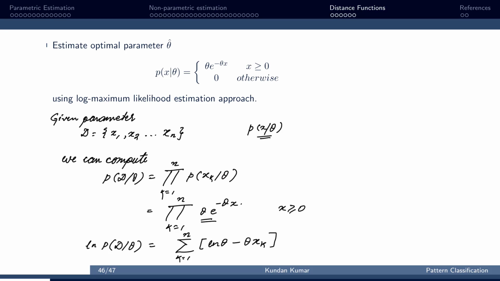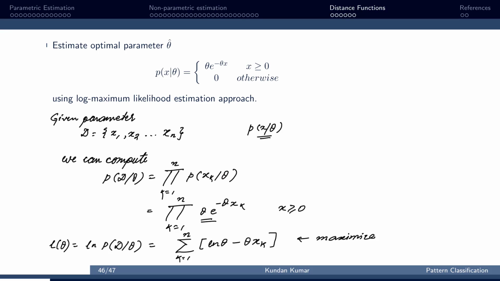Okay, so this is our likelihood. So here we have to maximize this term with respect to theta.